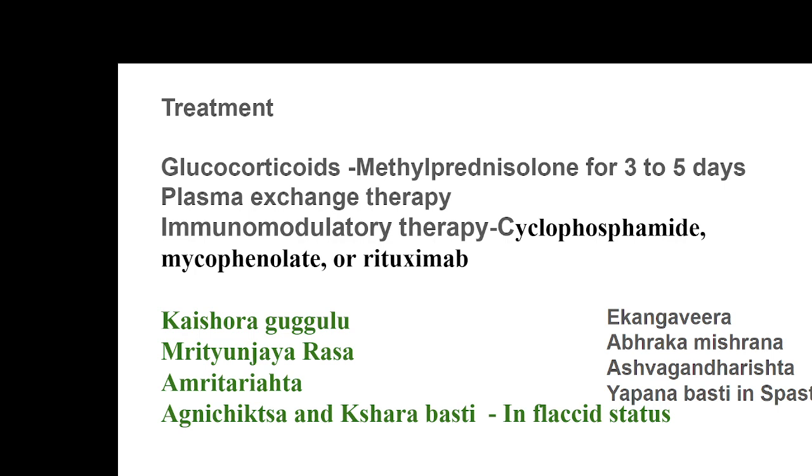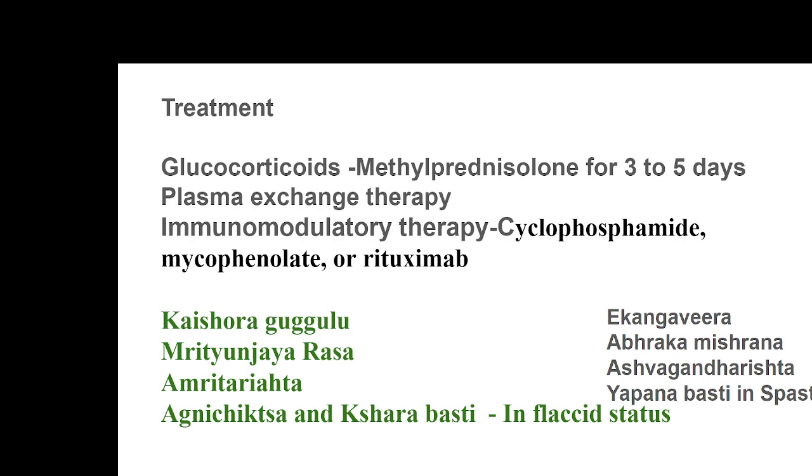But if the patient comes in the flaccid paralysis stage, my treatment would be Ama Chikitsa, Kaishora, Mrityunjaya, Amritaris, and Agni Chikitsa. If the patient comes in the spastic stage, the treatment would be Ekangvira, Abhrakamishana, Ashwagandha, and Yapana Basti, Raja Yapana Basti is the usual treatment, by which you may see a significant benefit.